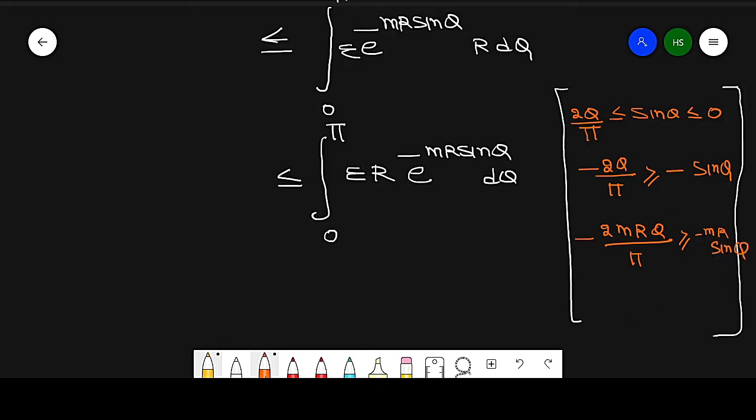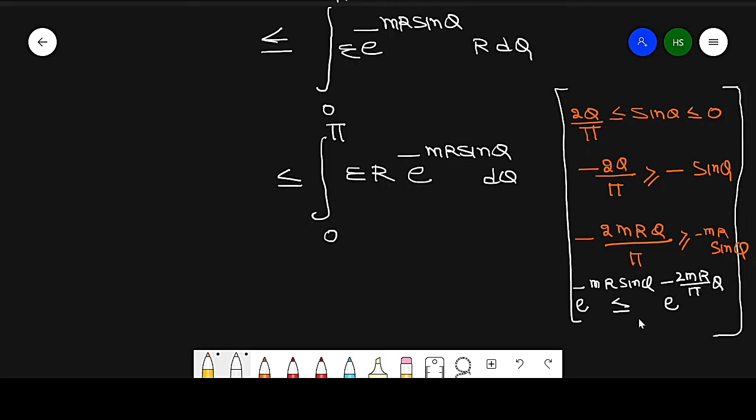Since exponential is an increasing function, e raised to power minus mr sine theta is less than or equal to e raised to power minus 2mr over pi into theta.